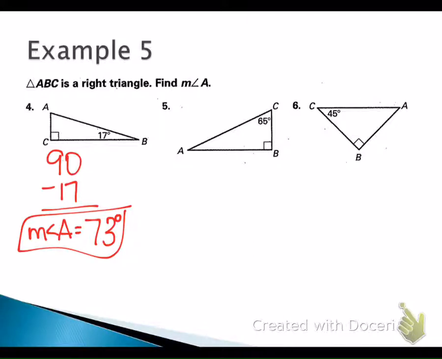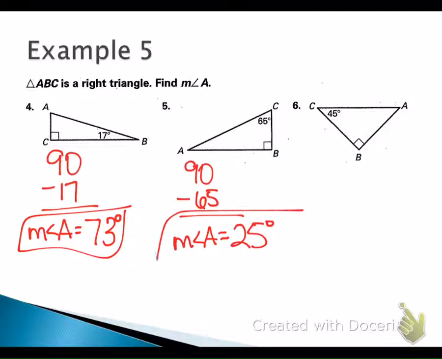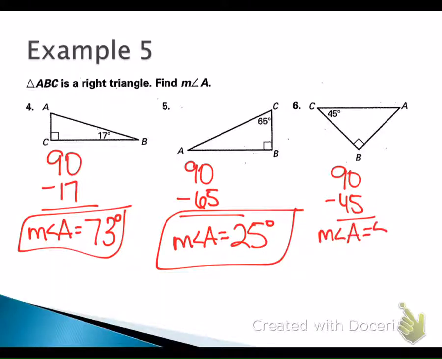On the next one, 90 minus 65. We get that the measure of angle A equals 25 degrees. And on the last one, it's the same setup. 90 minus 45. The measure of angle A equals 45 degrees.